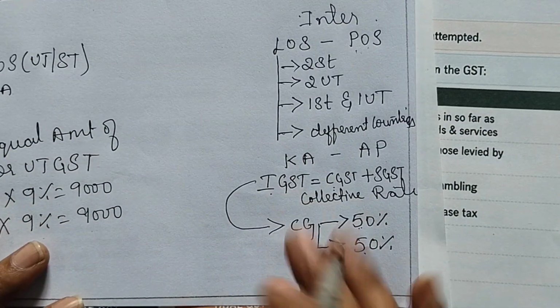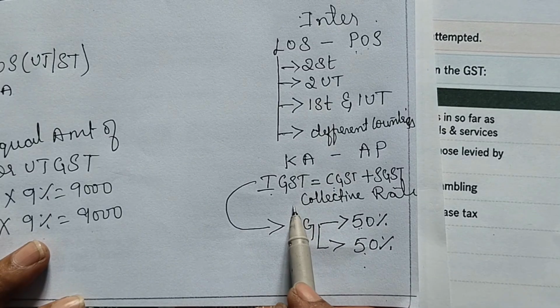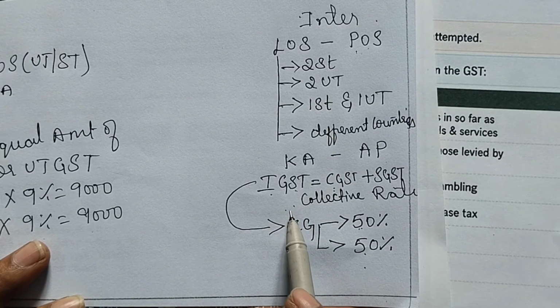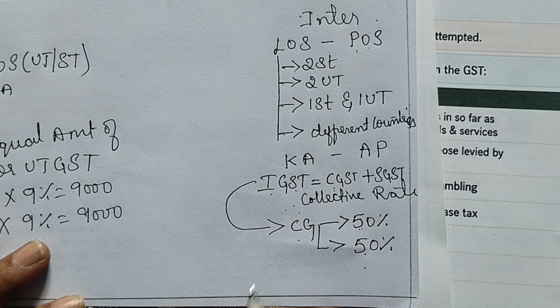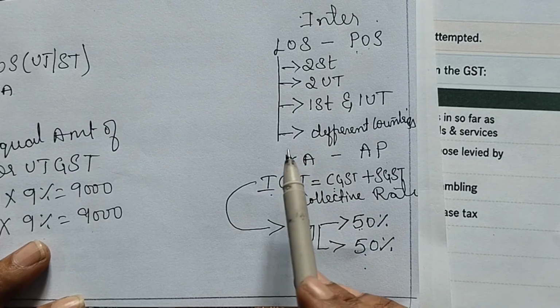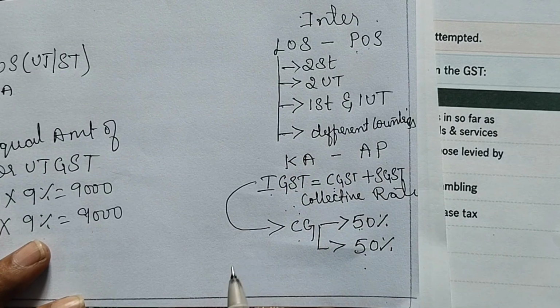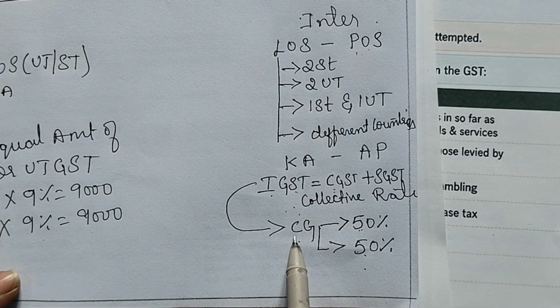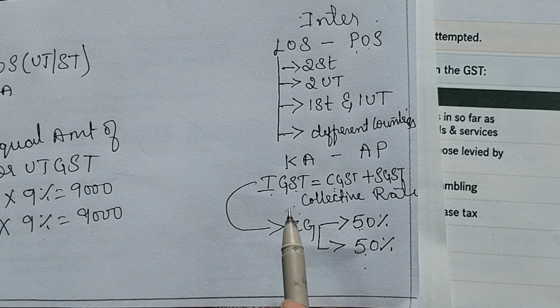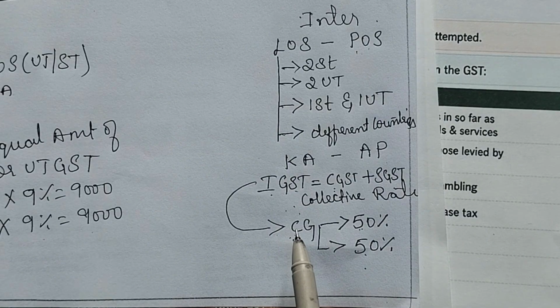By this we can understand that every transaction is a chain, and there is an ending point. In case of a UT, if it has taken place between one state and a UT or between two UTs, then the whole amount will be owed to the central government only, because who gives the amount to the UTs?